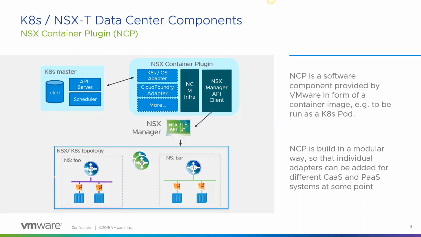It's a pluggable, adaptable framework that allows you to install and configure the module to provide support for the given container orchestration system. So if I was using standard Kubernetes, I put in the Kubernetes adapter. If I was doing PKS, I put in that. If I'm doing OpenShift, I put in that.